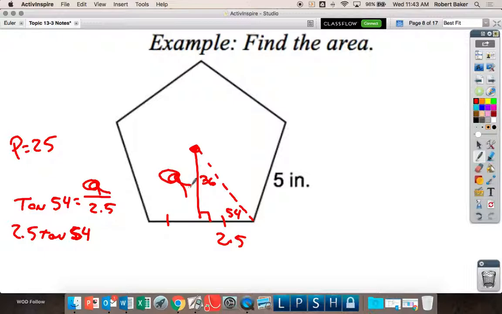The only good thing about this is once you solve for it, you get a decimal, and the rest of your problem's in decimals, so you don't have to worry about radicals anymore. So our apothem is 3.4. Now it's 1/2 the apothem times the perimeter. 42.5.